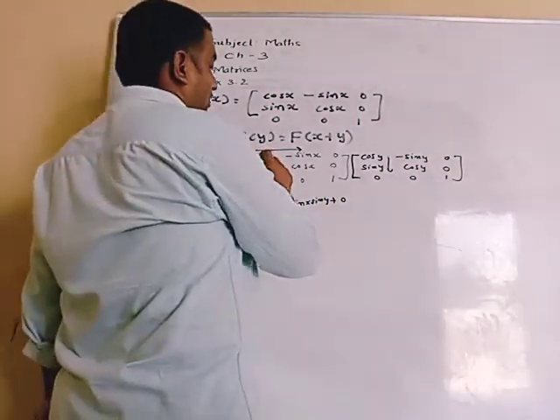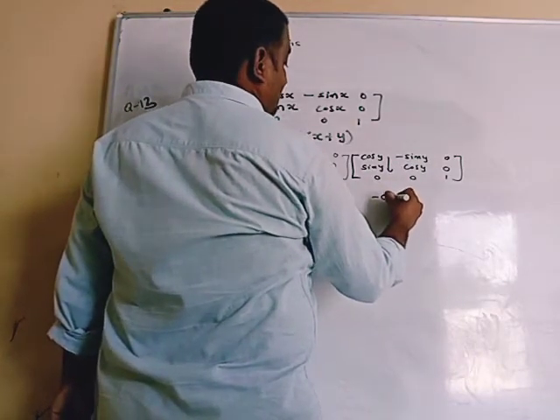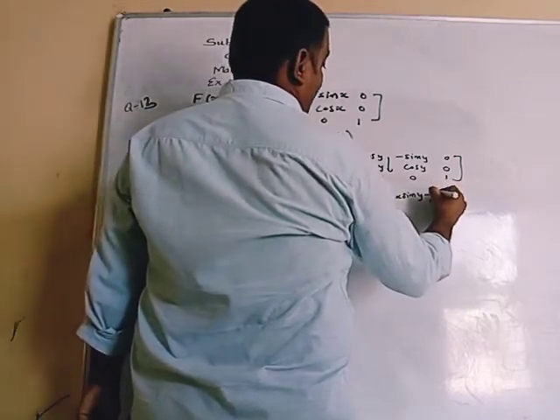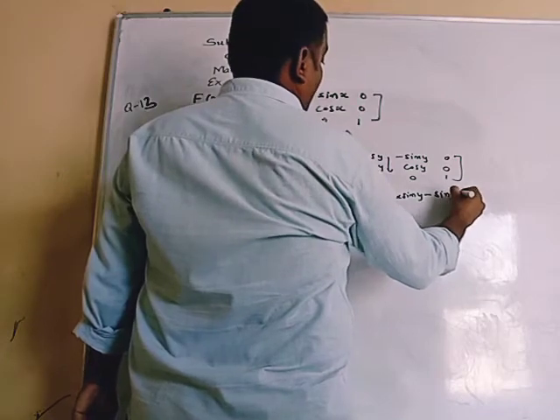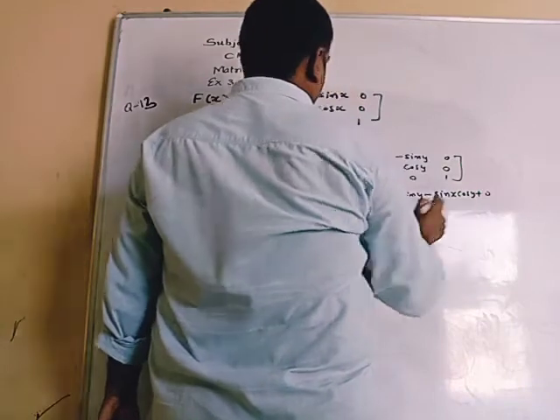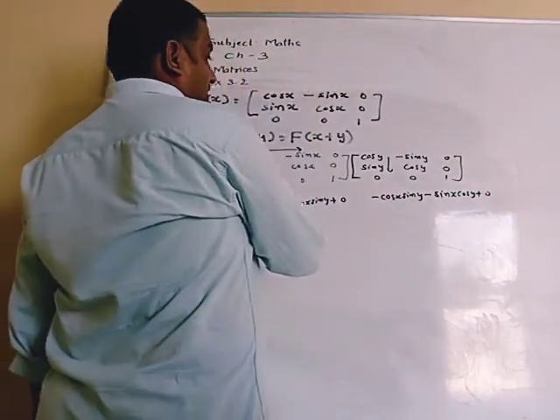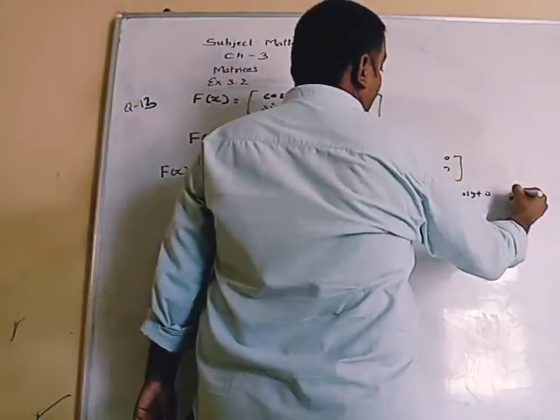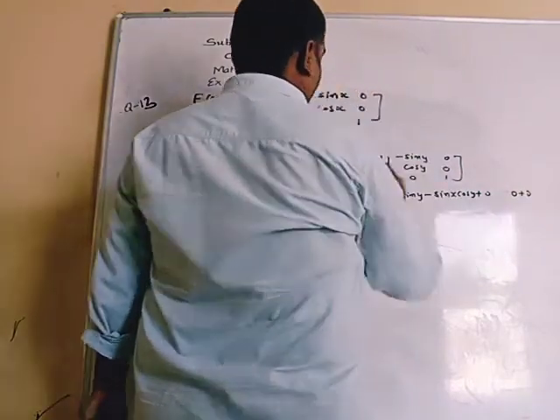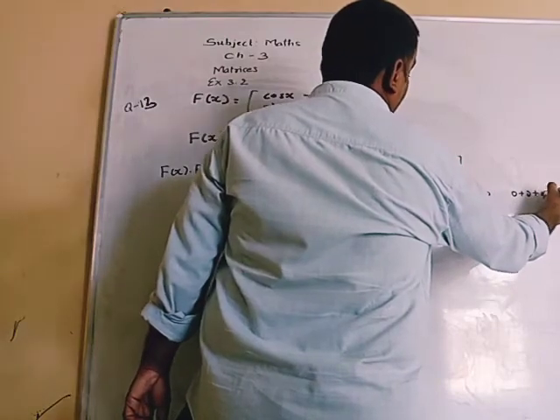The next element is the first row multiplied with the second column: minus cos x into sin y minus sin x into cos y and 0 into 0, 0. The third element will be cos x into 0, that is 0, sin x into 0, that is 0, and 1 into 0, that is 0.